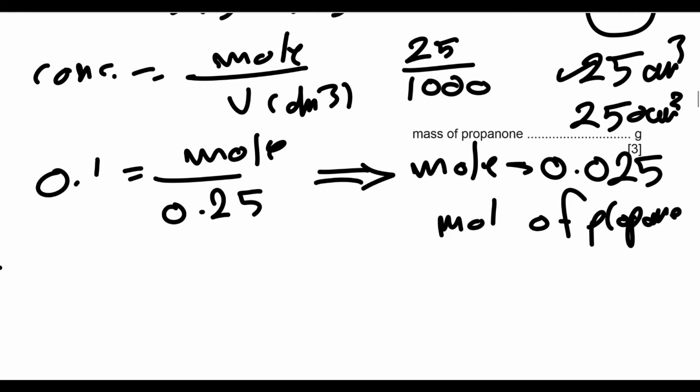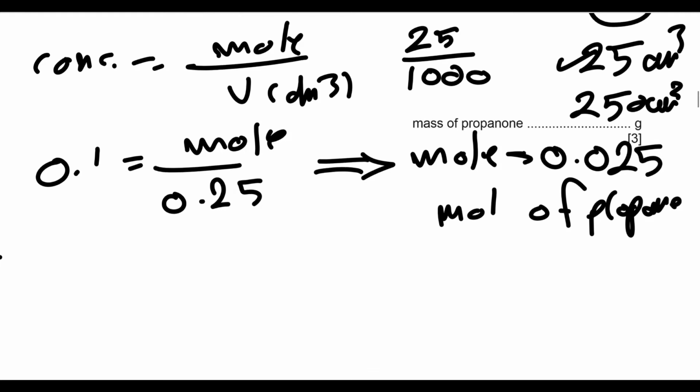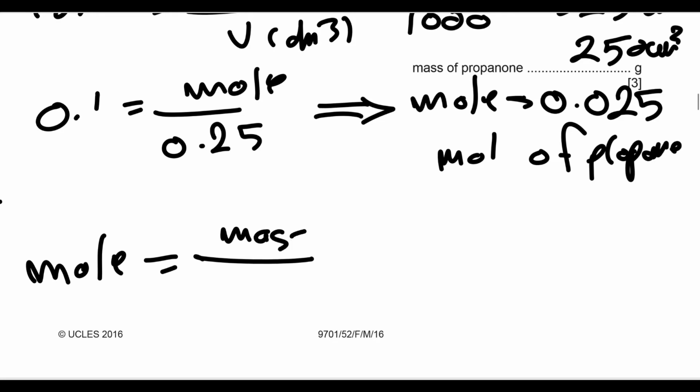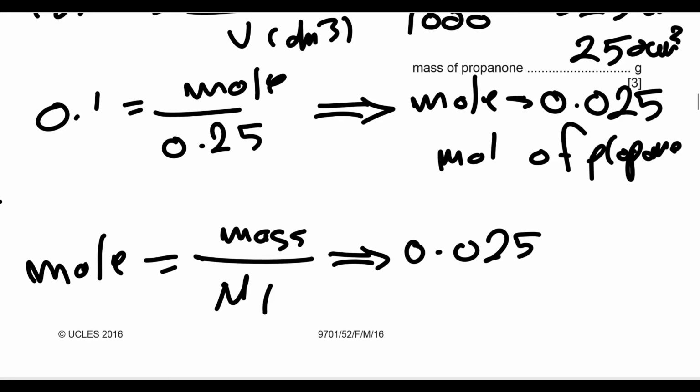propanol. The question needs the mass, so from the mole you may calculate the mass over molecular mass. The number of moles you have already calculated. The mass we need is X, and the molecular mass of propanol, actually you have 3 carbons, 6 hydrogens and 1 oxygen. The summation of these numbers is 58.